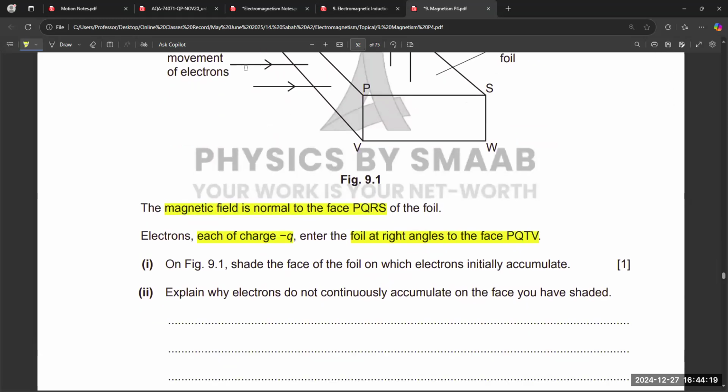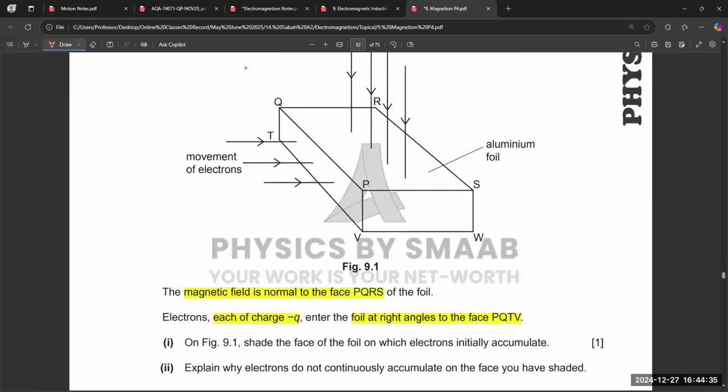Next, on figure 9.1, shade the face of the foil on which electrons initially accumulate. So on which face do you think initially? Initially it would be the QTPV, right?